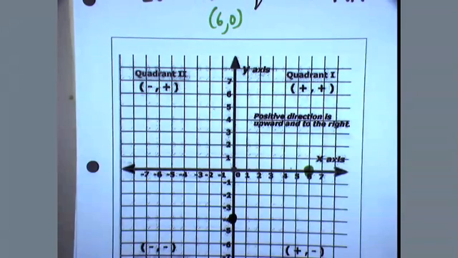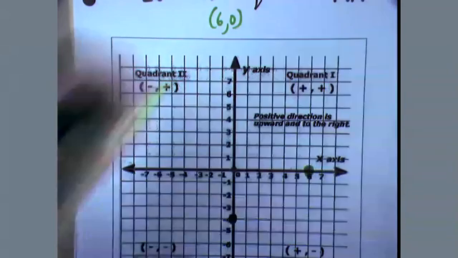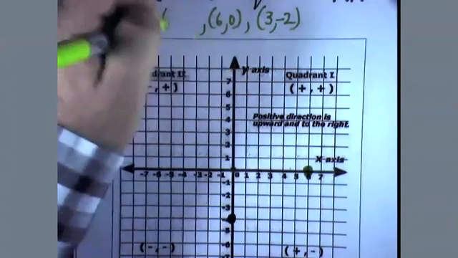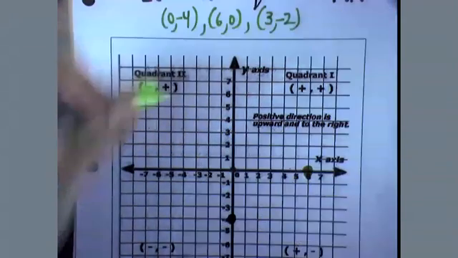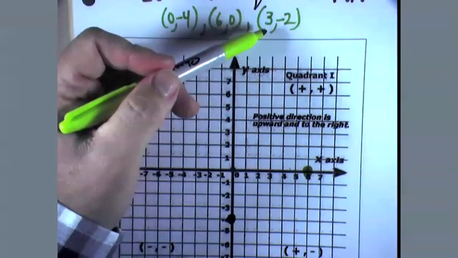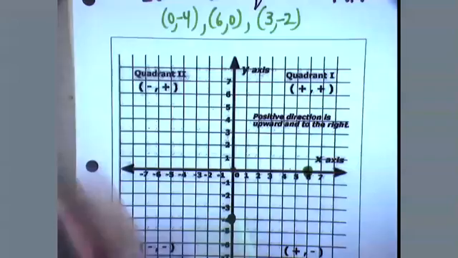And the last ordered pair we need to plot is (3, -2). You can think of this, if you're driving, as north, south, east, and west.